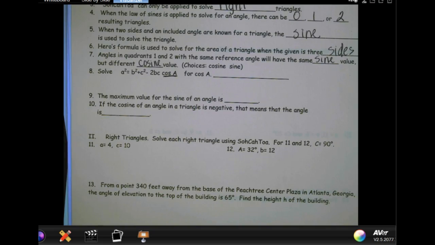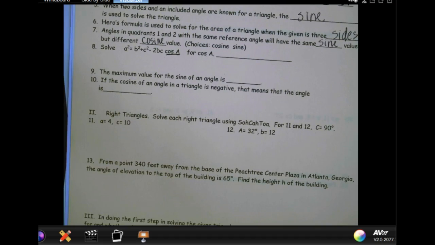That's okay. The maximum value, nobody knows. If the cosine of an angle in a triangle is negative, that means the angle is... You guys can look it up. I've already taught you this, so if you don't know it, you'll have to study tonight and figure it out. That's the idea of a review.